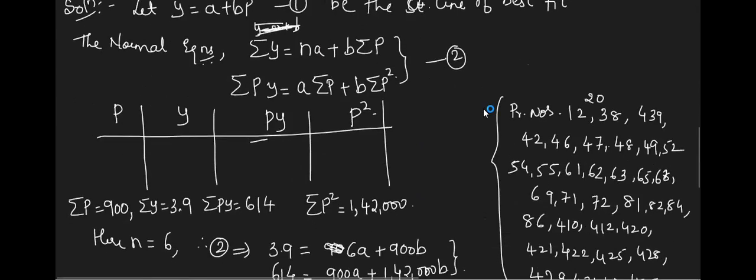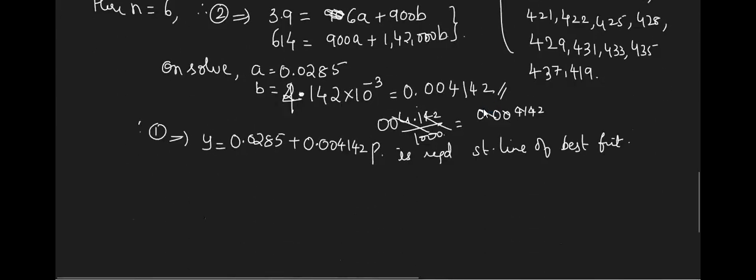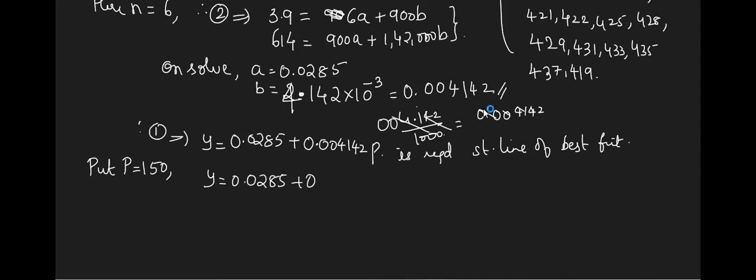How can I get it? In this equation, substitute p as 150. That should be your answer, right? Okay, so y will be 0.0285 plus 0.004142 into 150. Tell me the answer.